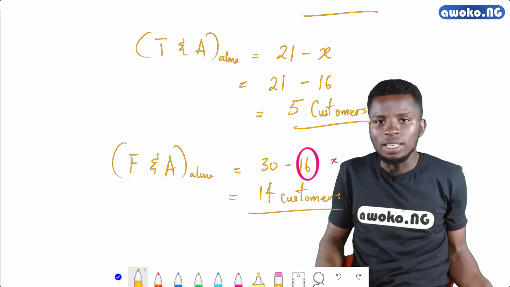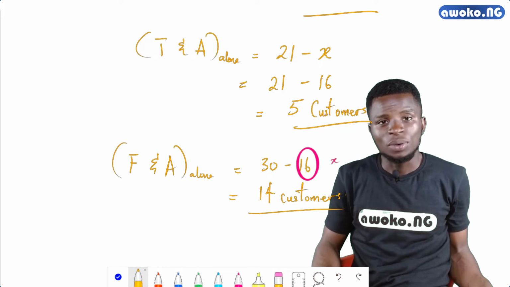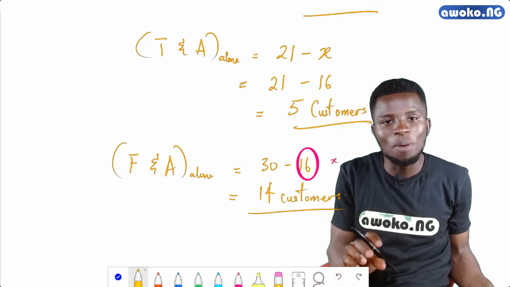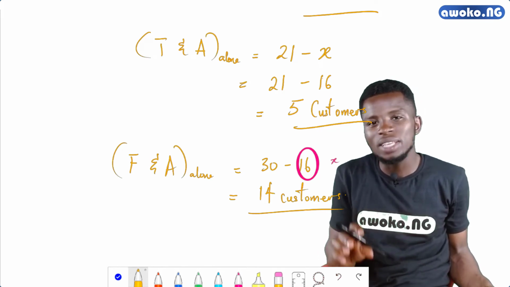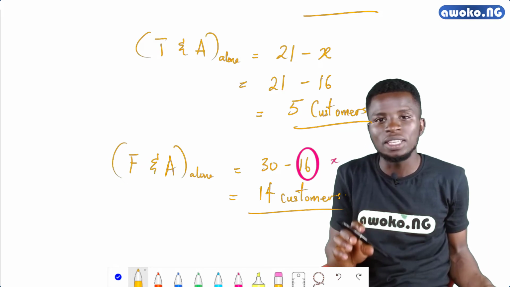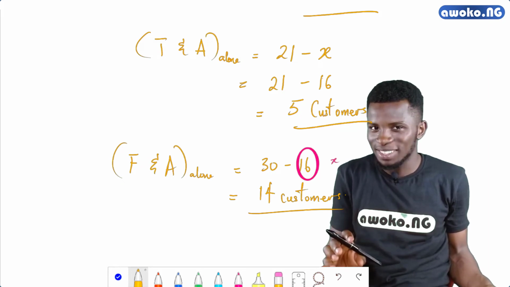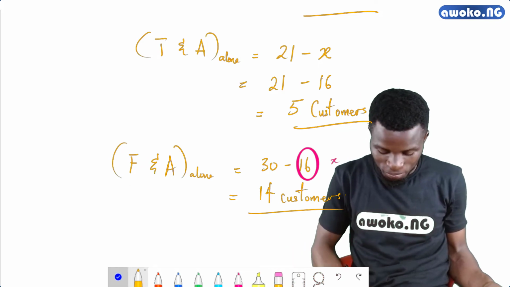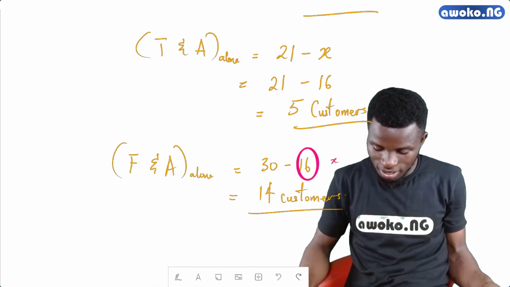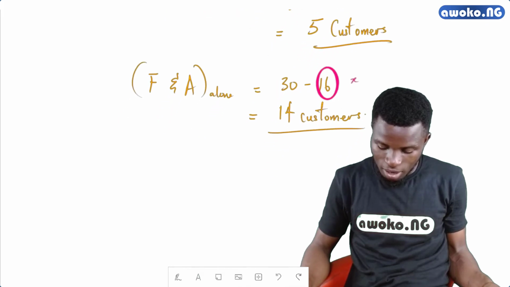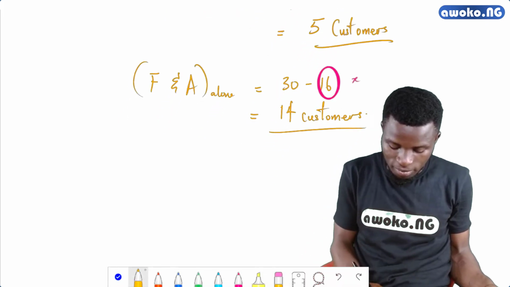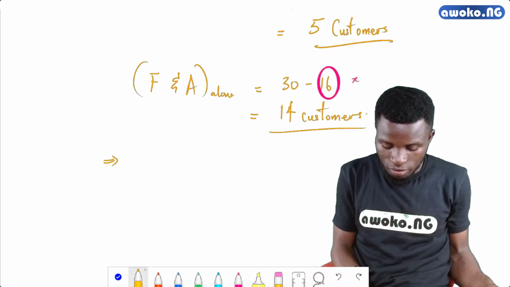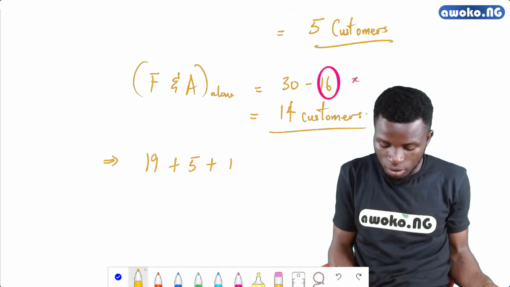Now, since this has been said, we're now asked to find the number of customers that banked with exactly 2 of the 3 banks. So the next thing is to add the 3 together. This will give us 19 plus 5 plus 14.